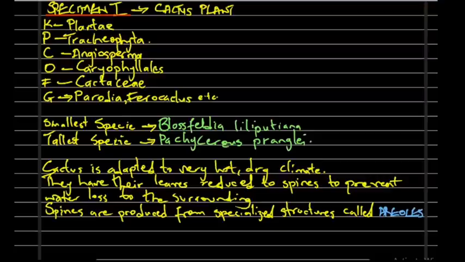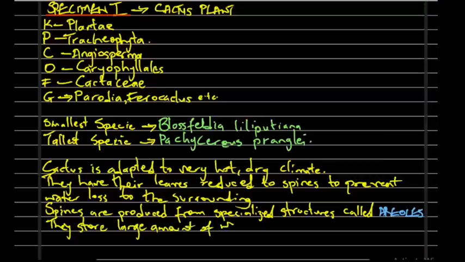Now, one unique thing about cactus is their ability to store large amounts of water. I said that earlier on. Because they are xerophytes, they need to store large amounts of water in their stems.